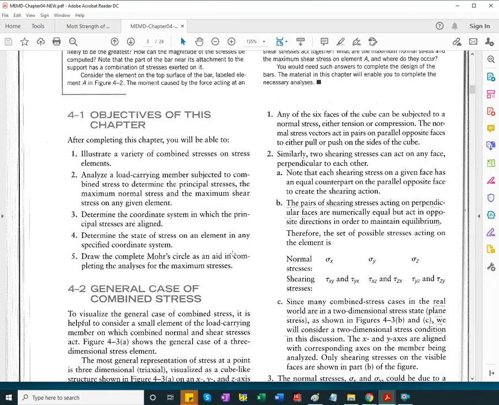This will be for later on when discussing failure theory. It may sound familiar to some of you: Von Mises stresses. I oftentimes see capstone project presentations by students, and they do analysis and report Von Mises stresses, sometimes not in the proper way.